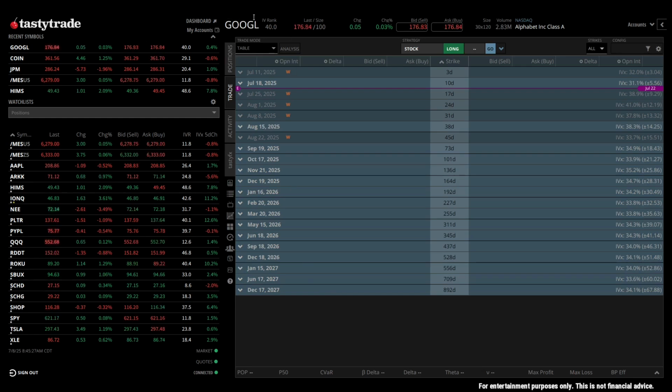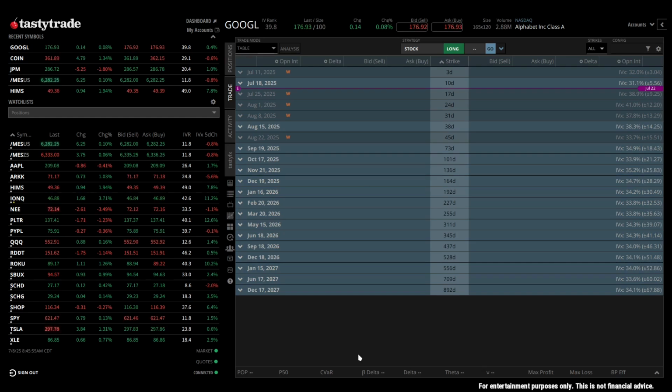What IV rank is, is a 1 year look. They take all of the monthly IV metrics for Google, as far as your 30-day implied volatility, all the 30-day implied volatility readings for the last year, the last 12 months. And then they give it an IV rank from 0 to 100. Where does it fall on that scale?